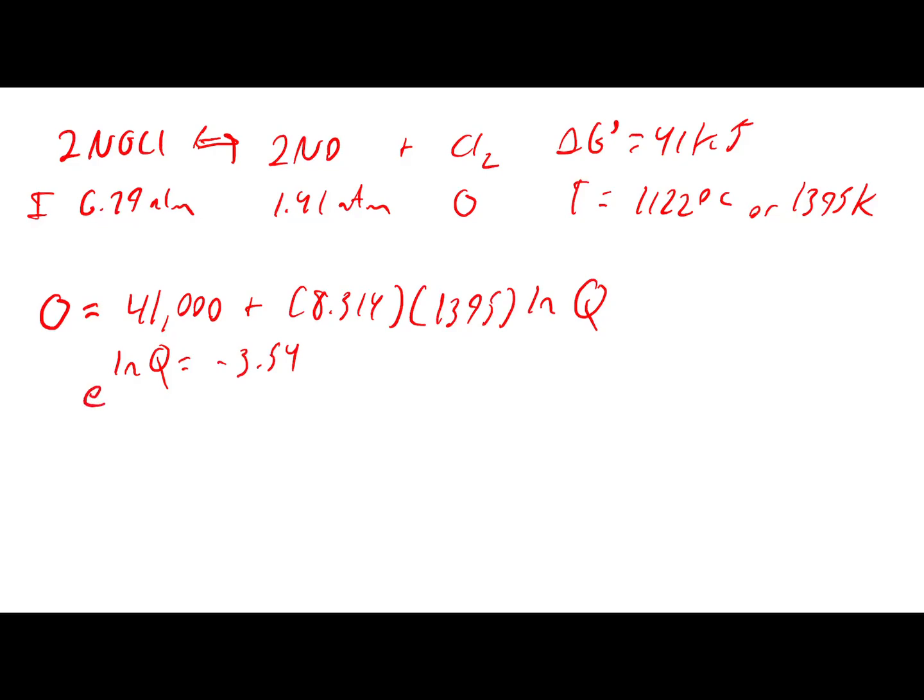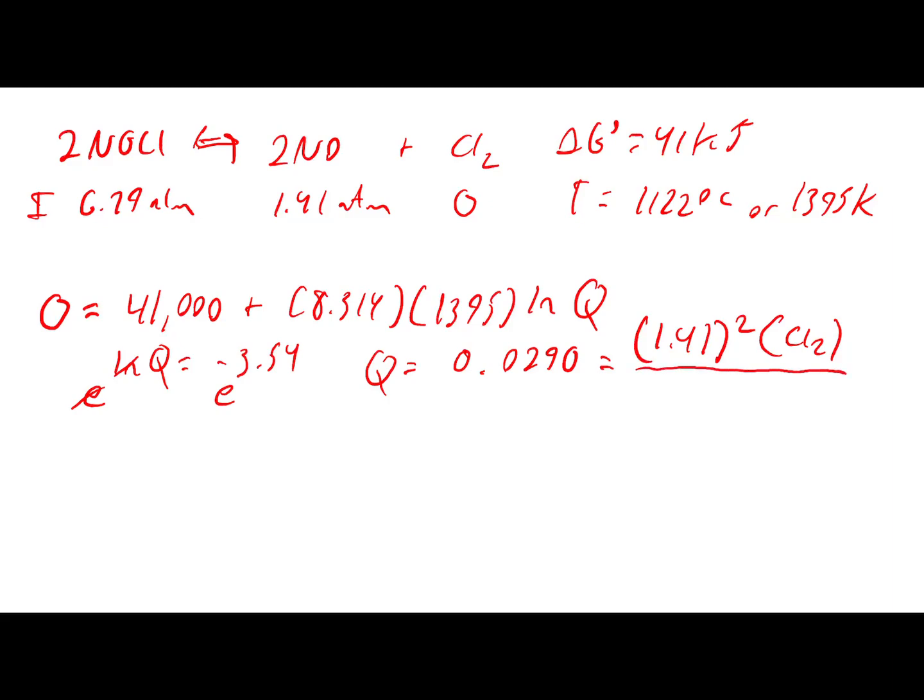Using the opposite of the natural log, the natural exponential function, we get Q equals e to the negative 3.54 power, or Q equals 0.0290, which is going to be equal to, based on our given reaction above, the pressure of the products over the pressure of the reactants: 1.41 squared, don't forget the squared, times the pressure of Cl2, that's what we're looking for, divided by the pressures of the reactants, 6.79, careful there, squared.